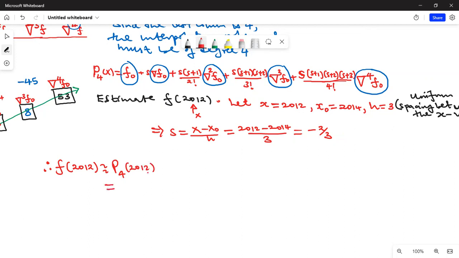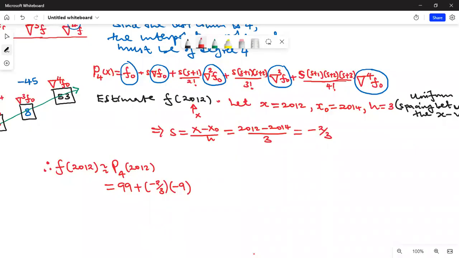That is equal to F naught, which in this case was 99, plus S, which is negative 2 over 3, times the backward difference of F naught, that is negative 9 from our table. So you just read the values from the table.